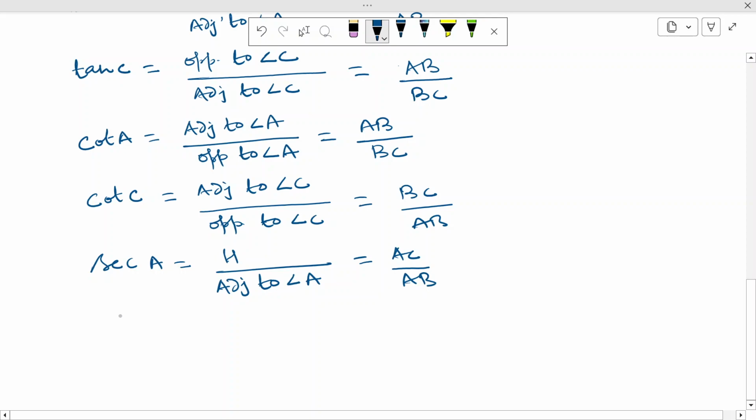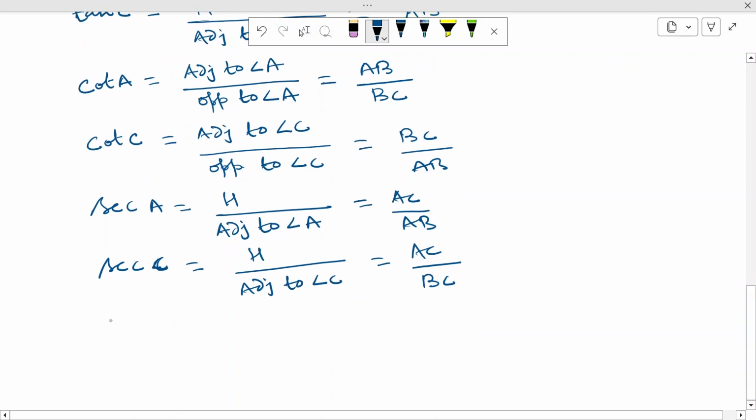So this is how we can obtain our sec A. Now the sec of angle C will be again hypotenuse divided by the adjacent side to angle C. So this will be AC over BC, which is the adjacent side to angle C.